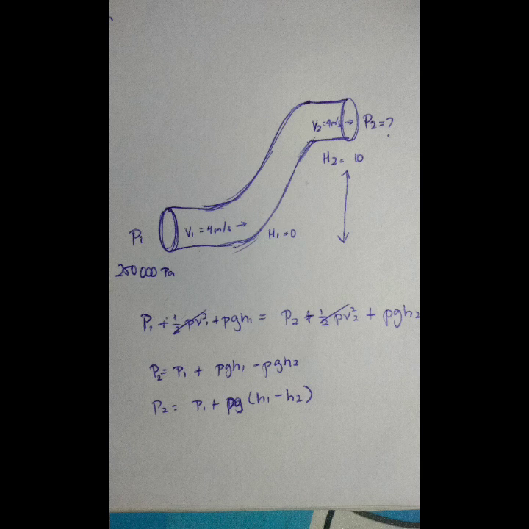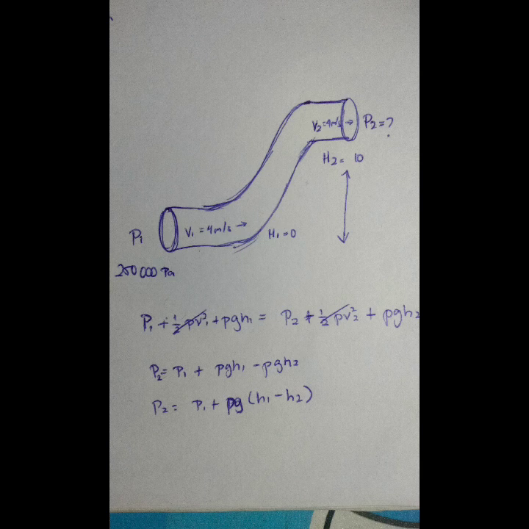Since no height was given, only that it is 10 meters higher, let's start with H1 as 0 and 10 for H2. Since the velocity is constant, we cancel it. So what remains is P2 equals P1 plus PGH1 minus PGH2.